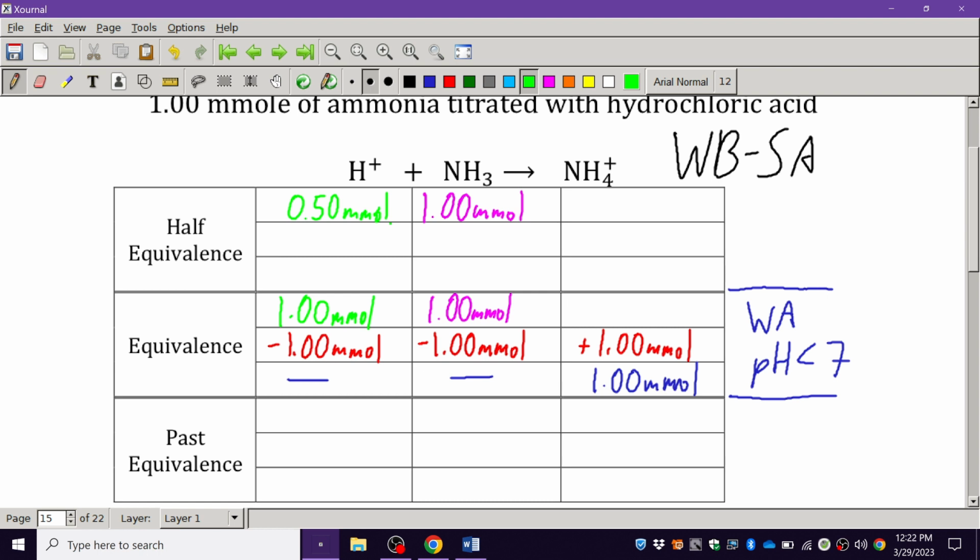All right, we can see our limiting reactant. What kind of solution do we have here?